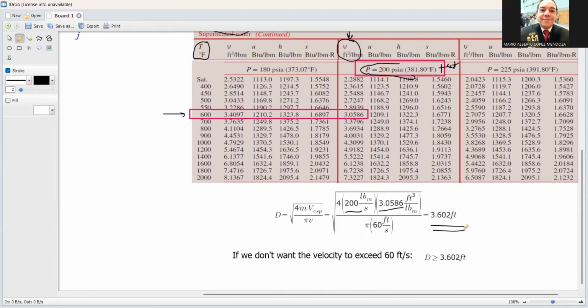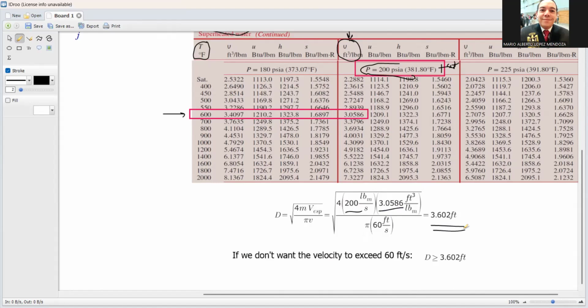This must be the diameter of the pipe in order to get a velocity of 60 feet per second. So, as we said, this is the highest possible diameter. Because if we exceed this diameter, the velocity, so sorry, this is the minimum diameter, because the velocity reduces if we increase the diameter of the pipe.